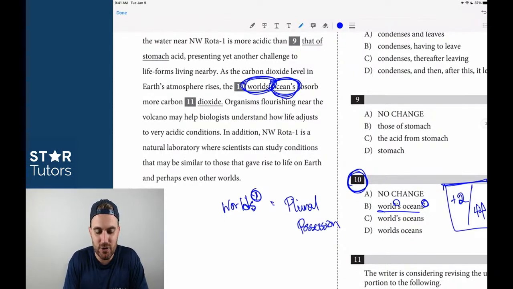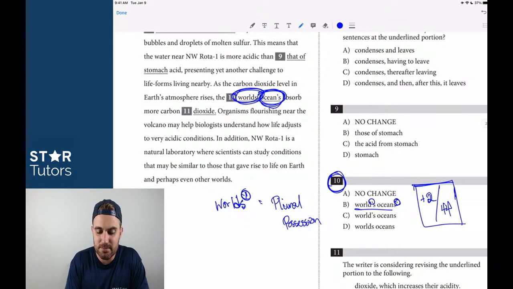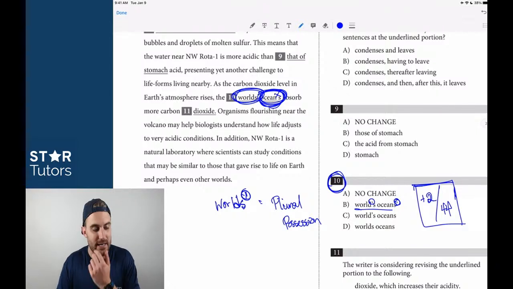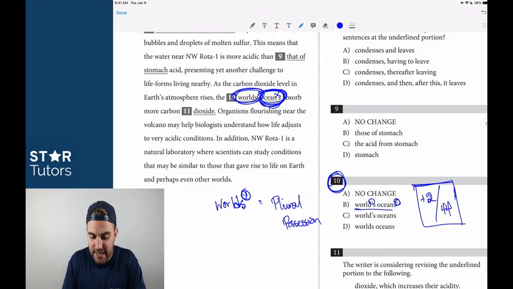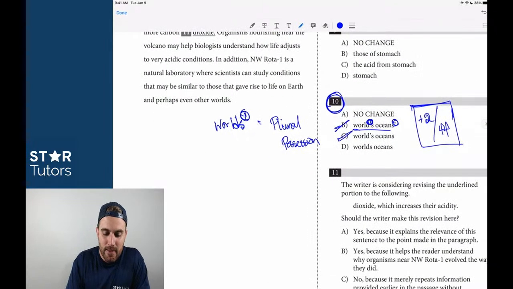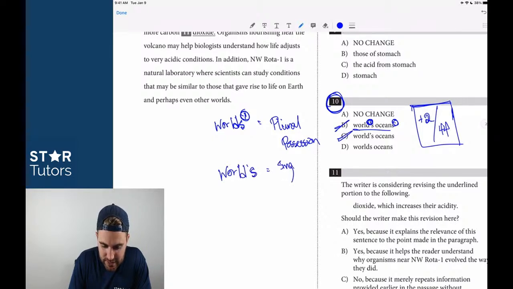As the carbon dioxide level in Earth's atmosphere rises, the world's oceans support, let's see. The world's oceans, because it's multiple oceans. So this should be plural, meaning that we don't need the apostrophe there. Does that make sense? We can't eliminate A, but we can eliminate anything that has an apostrophe inside of the S, because world's with an apostrophe S is singular possession, meaning the word that comes after it is singular.